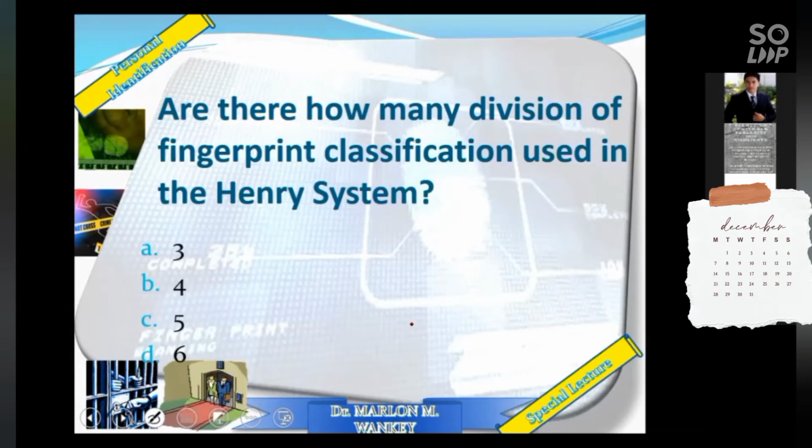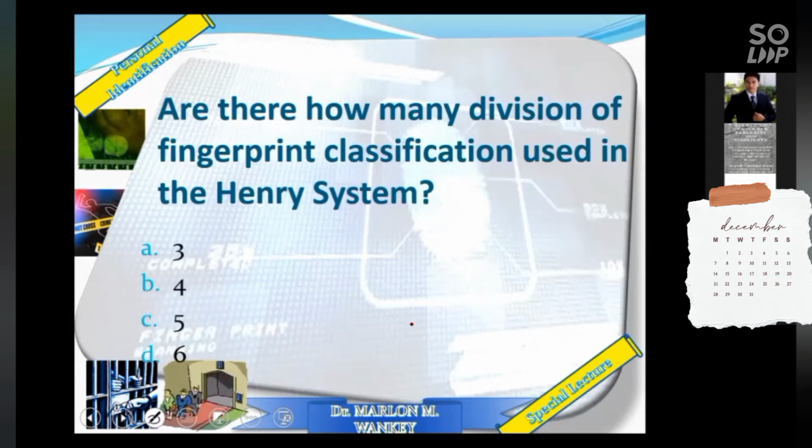So the number of divisions of fingerprint classification used in the Henry system, yes, there are 4 types of classification.